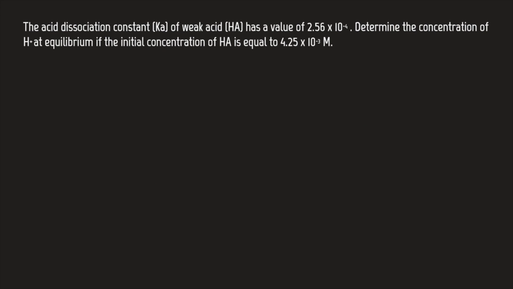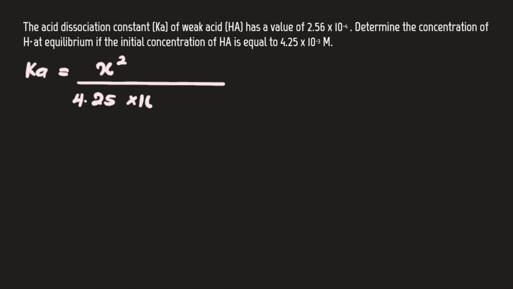Right, so moving on to the successive substitution. So we are going to do the Ka is equivalent to x squared, this is from your ICE diagram just now, divided by 4.25 times 10 to the power of negative 3 minus x. So remember, initially this minus x, we have already removed it.